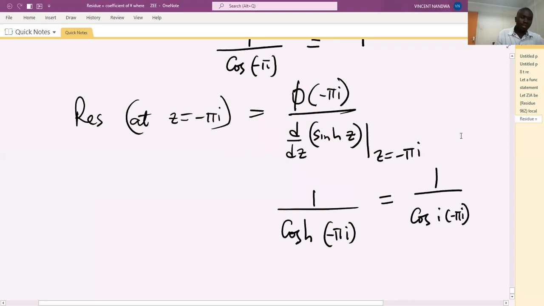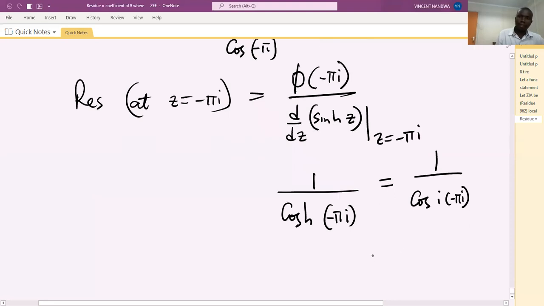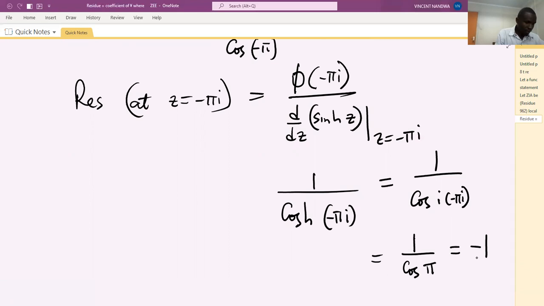So that's the same as just cosine of pi, which is the same as -1. So those are the values we get.